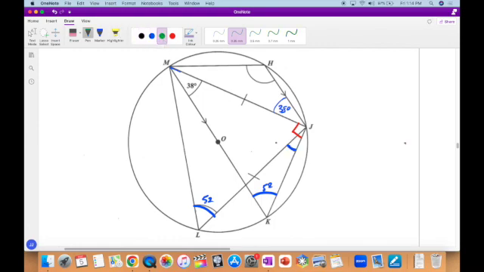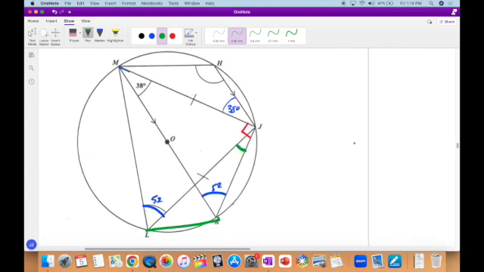So we want this little angle over here. I could see that that angle, LJK, is subtended by this chord, or the arc. So let's just make a note of that. LJK is subtended by LK.